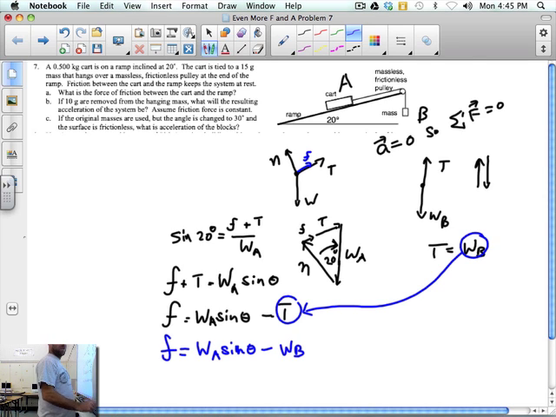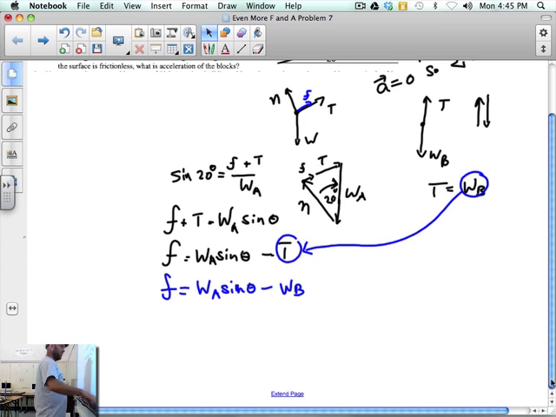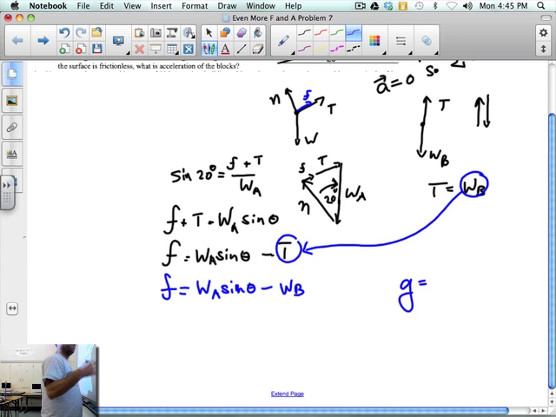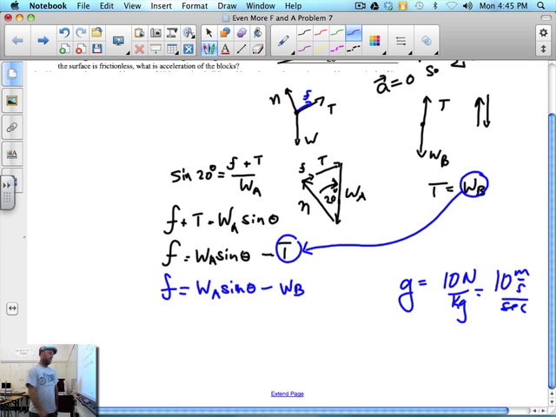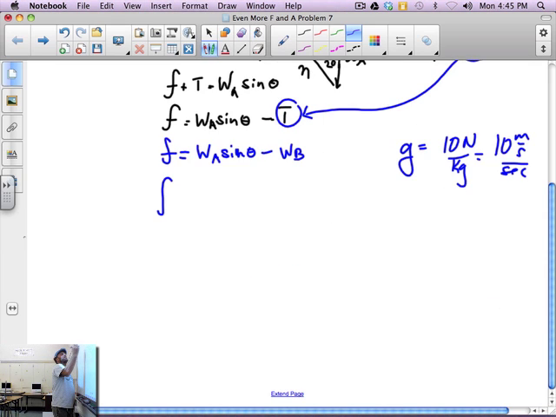Okay. So now I got WA sine theta minus the weight of object B. Now I can make this look a little cuter. People use G for the gravity field of the Earth, 10 newtons per kilogram. They also use little g for the acceleration due to gravity, which is about 10 meters per second per second. Okay, so I can say that friction is the mass of object A times lowercase g times sine theta minus the mass of object B times g.